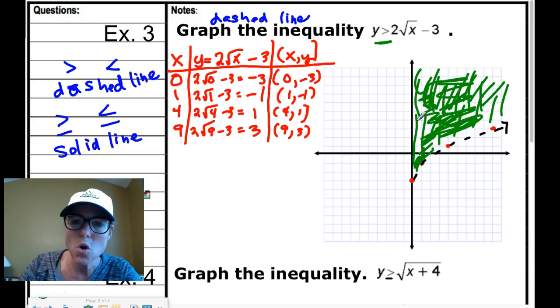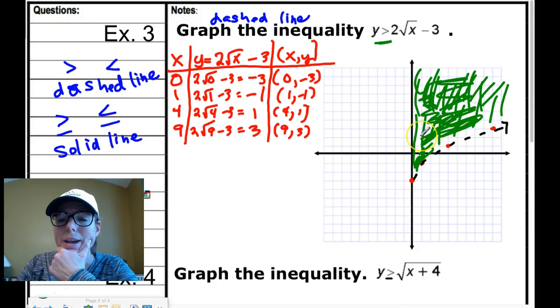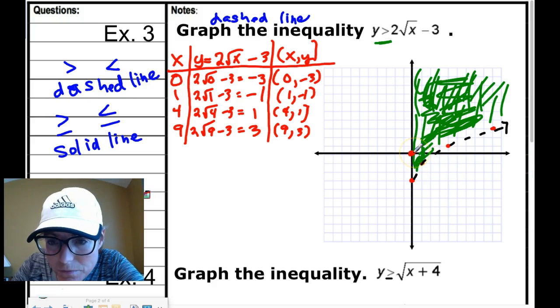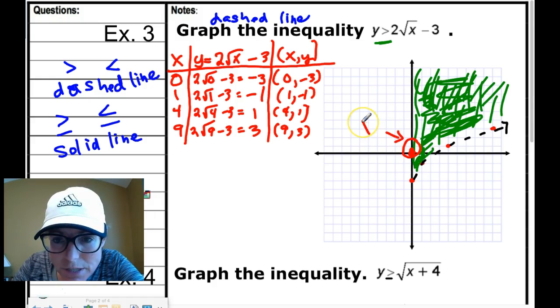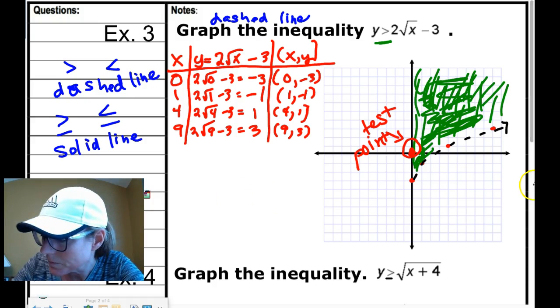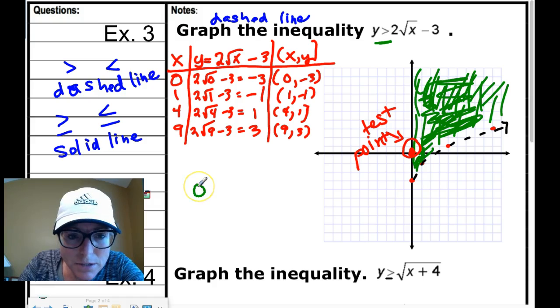Do I shade below? Well, we could try a test point. Let's have 0, 0 be our test point. If I plug the point 0, 0 back into the original, I have 0 is greater than 2 times the square root of 0 minus 3.